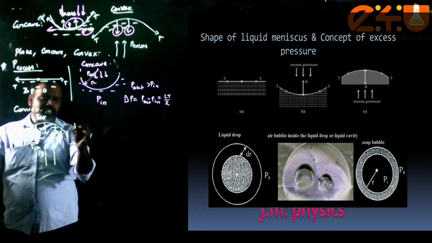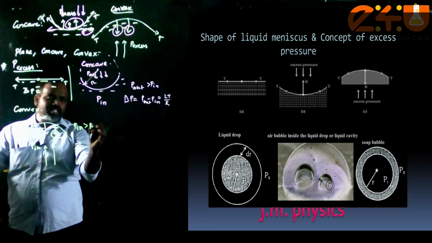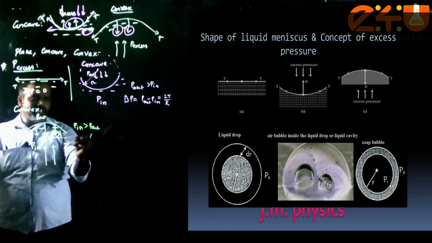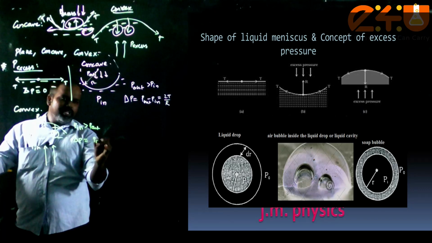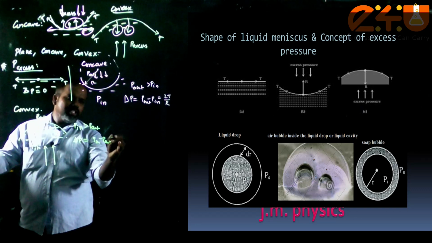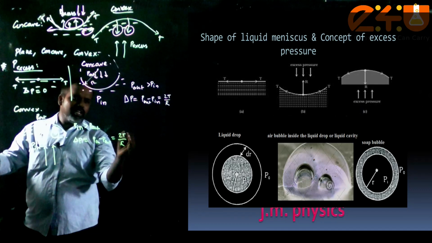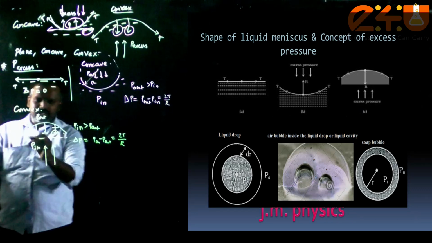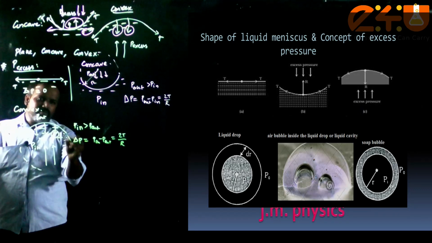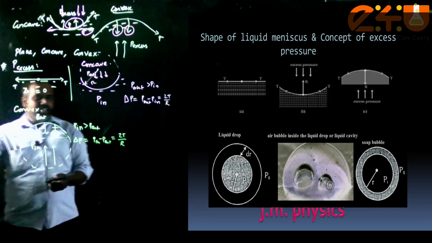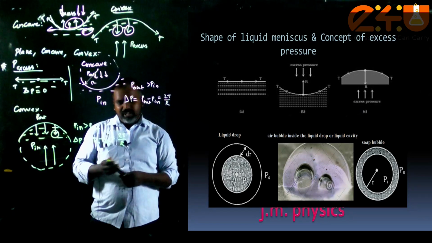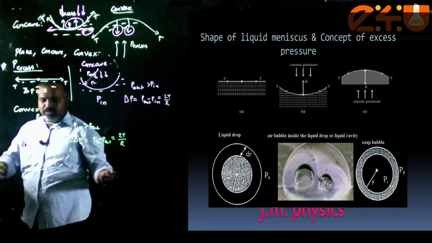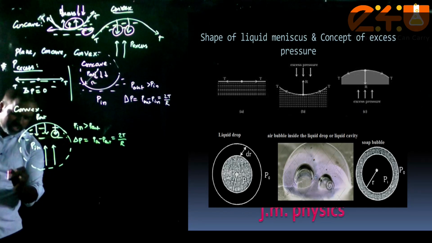Therefore, P in is greater than P out. The pressure difference delta P is P in minus P out, which is 2T by R, where R is again the radius of the meniscus. Now you see the diagrams: there are different systems where we can write the excess pressure, P excess in different systems.